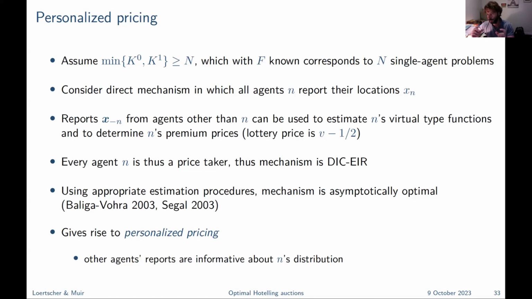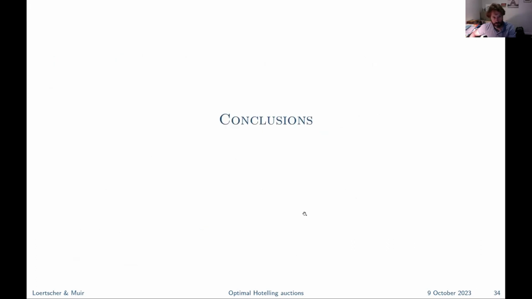And the feature that you're exploiting is the fact that the reports of the other agents are not so much informative about my location, but they're informative about my distribution. And so that's what the designer will be exploiting here. Okay, so that's that connection to personalized pricing.